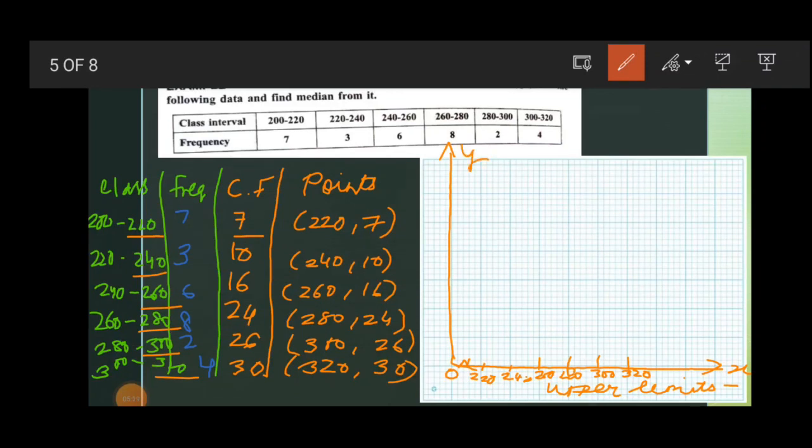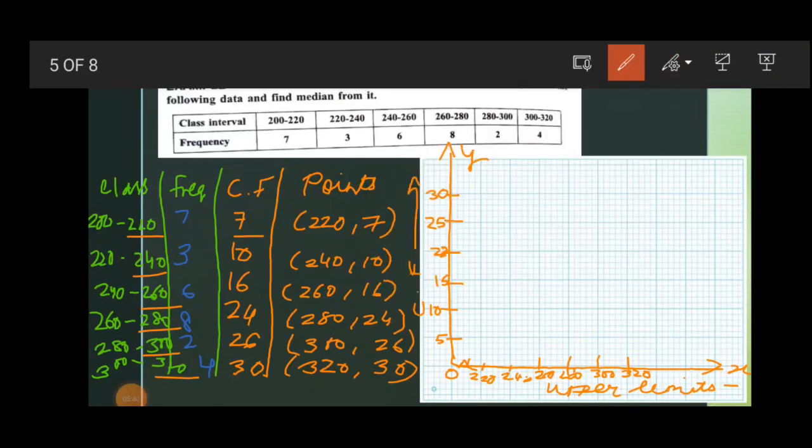On y-axis, we are taking cumulative frequency, CF: 5, 10, 15, 20, 25, 30.